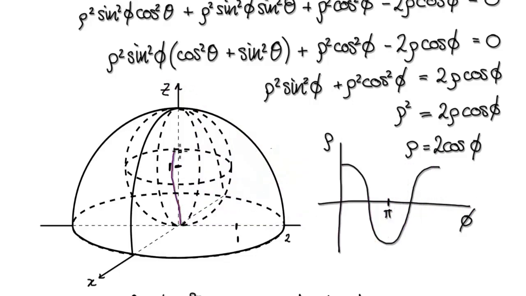When phi is at an angle of 0, the radius of our small sphere is 2. And then as you increase the angle, let's say we are currently here, this angle here corresponds to, let's just say, phi.